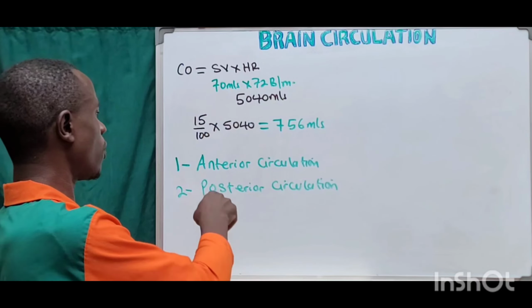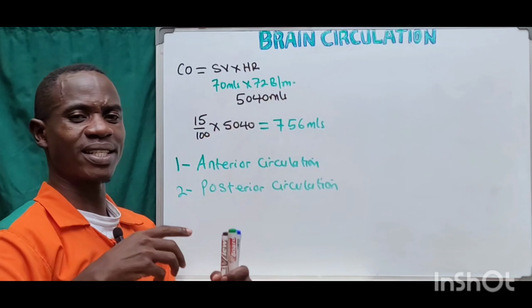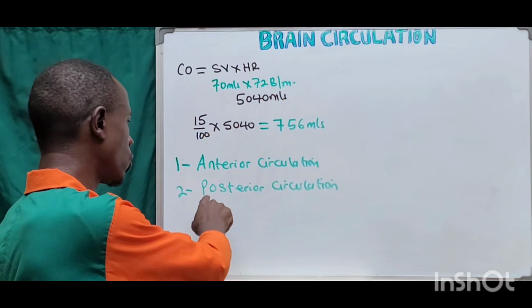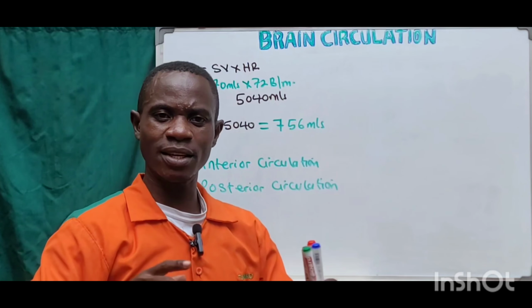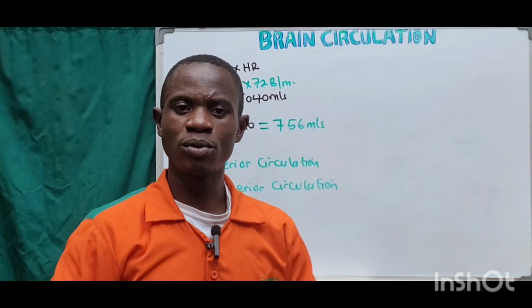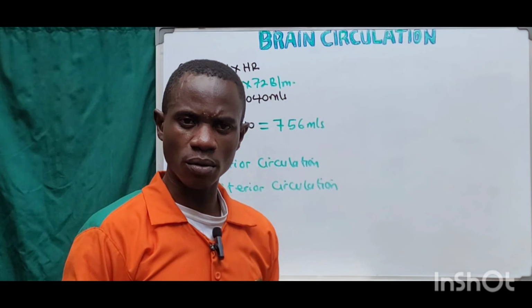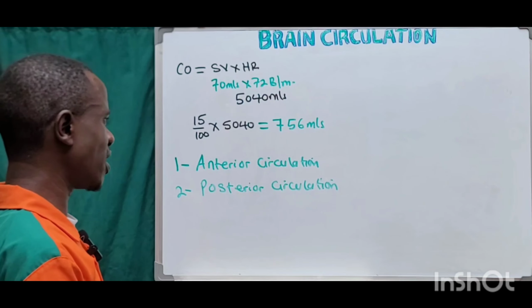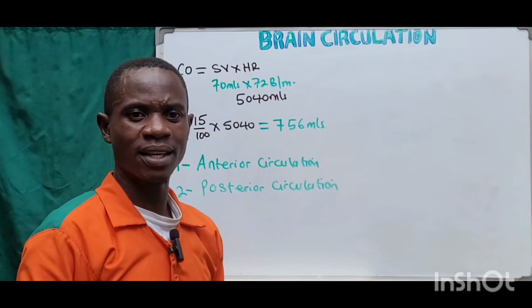When we talk about the anterior circulation, we mean that we are circulating blood to the front parts of the brain. When we talk of the posterior circulation, we are circulating the blood to the back of the brain. So now let's go ahead and dive deep into these systems, and we see what happens exactly.